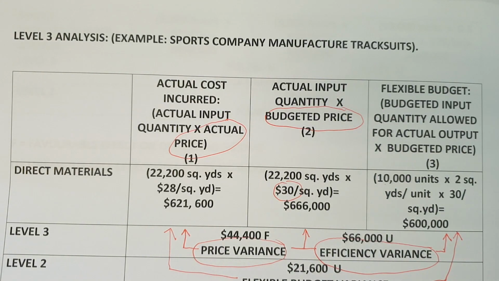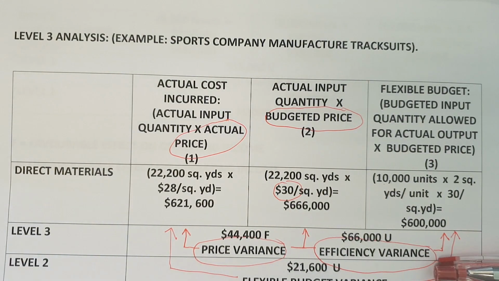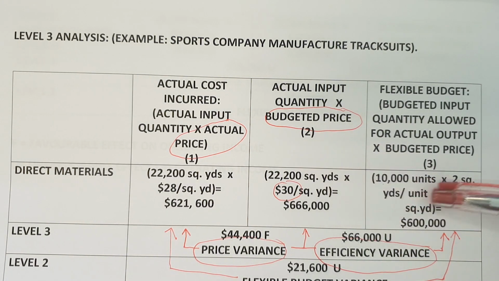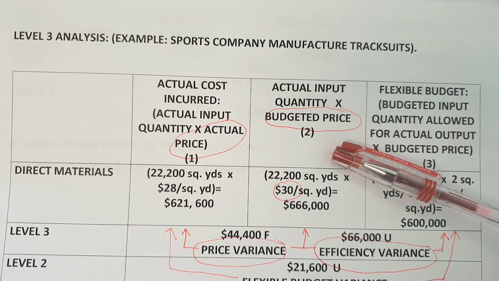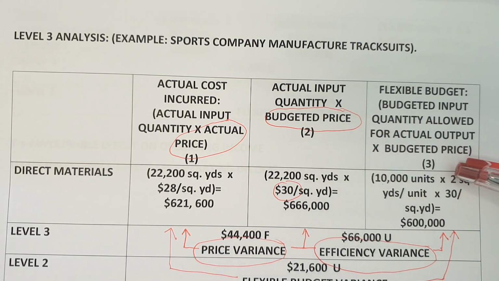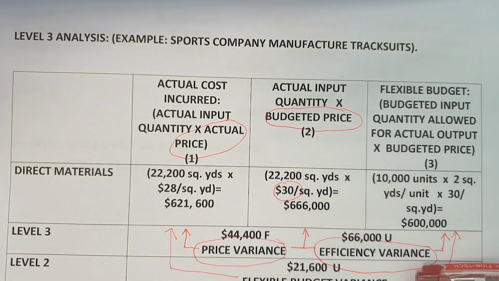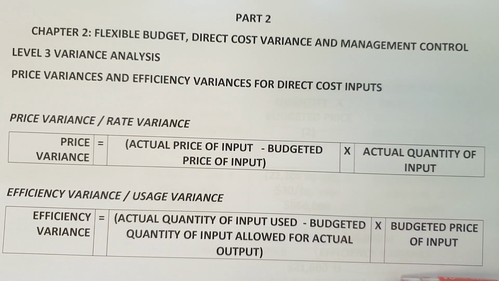Alright, now we look at the efficiency variance. The efficiency variance will compare column 2 with column 3. Let's see what makes the difference between column 2 and column 3. As we can see before, the formula is here.